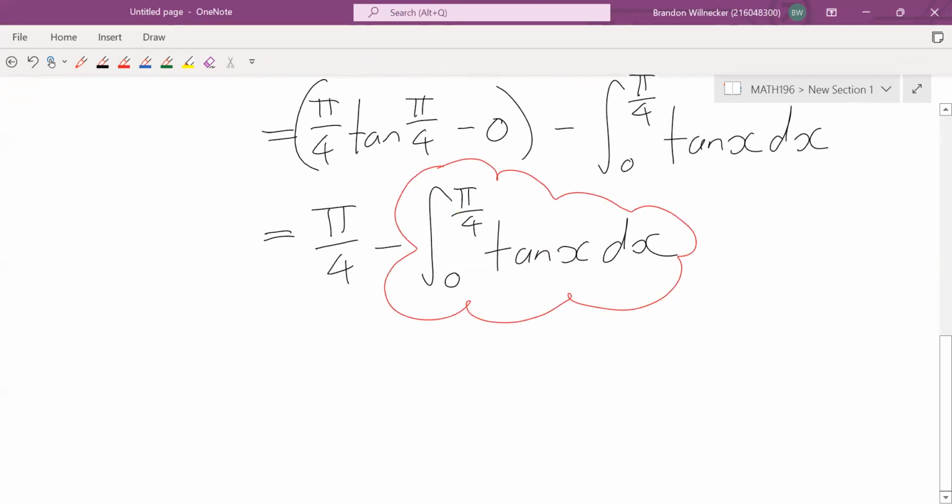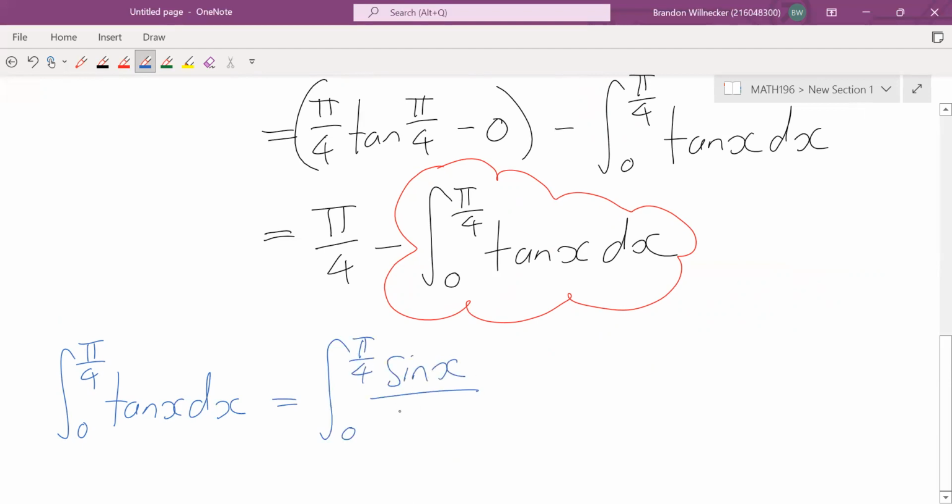So let's do that on the side here. The integral from 0 to pi over 4 of tan x dx, we can write this as the integral from 0 to pi over 4 of sine x over cosine x dx. Now we can do a u substitution.